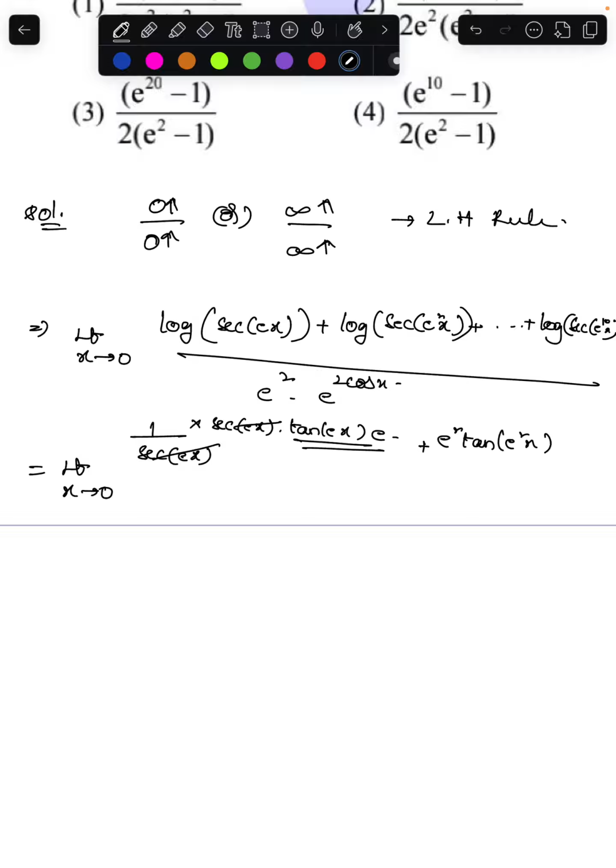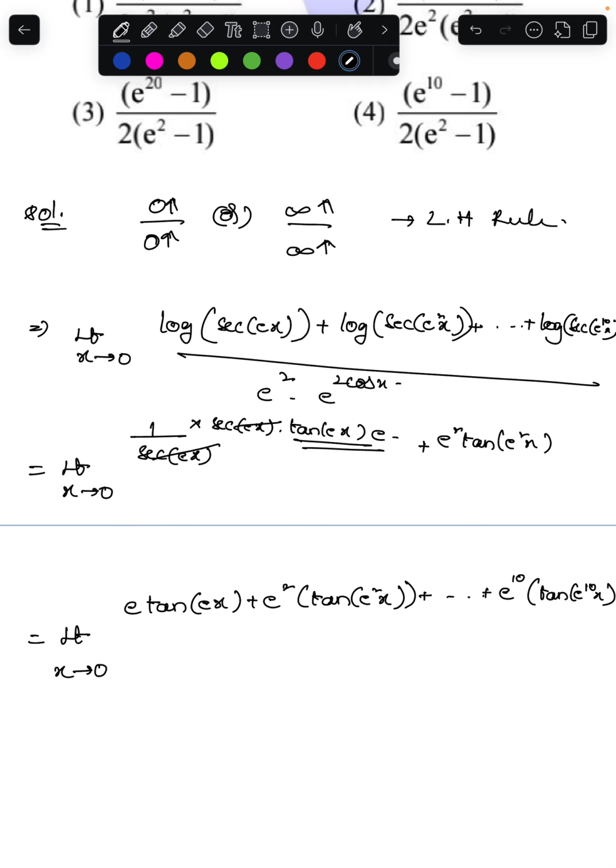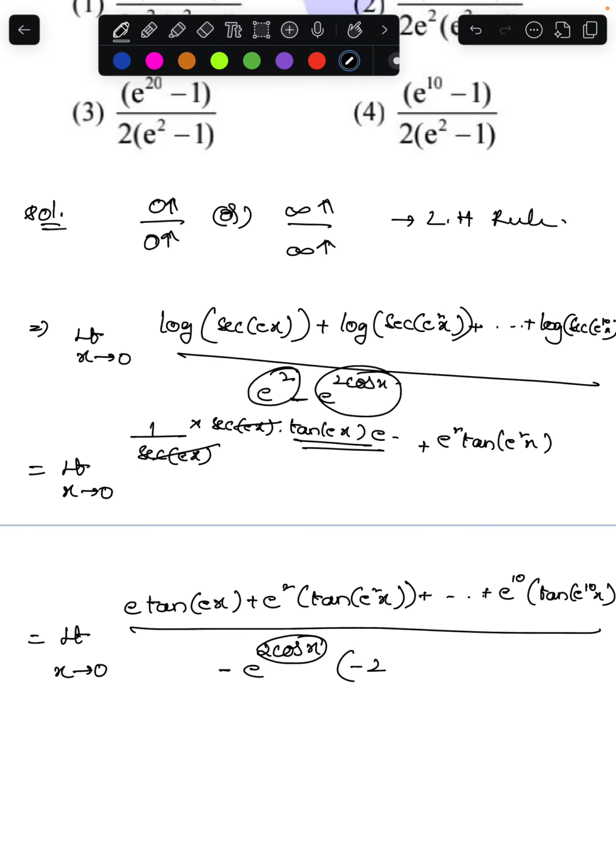So we can directly write the numerator as limit x tending to 0, e tan ex plus e square tan e square x plus and so on, plus e power 10 tan of e power 10x, whole by the denominator differentiation. E square gives 0, and minus e power 2 cos x, the differentiation of 2 cos x is minus 2 sin x. So minus minus plus you will get.